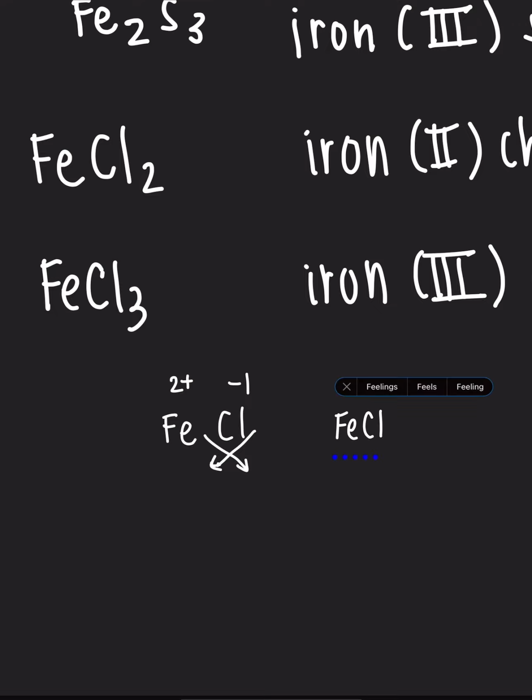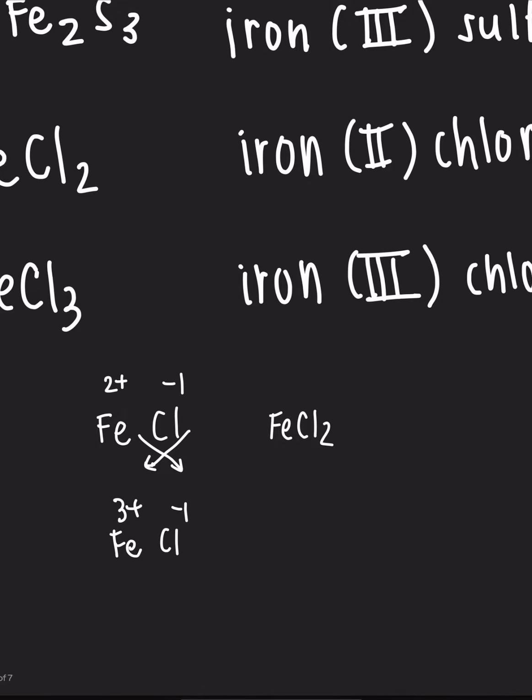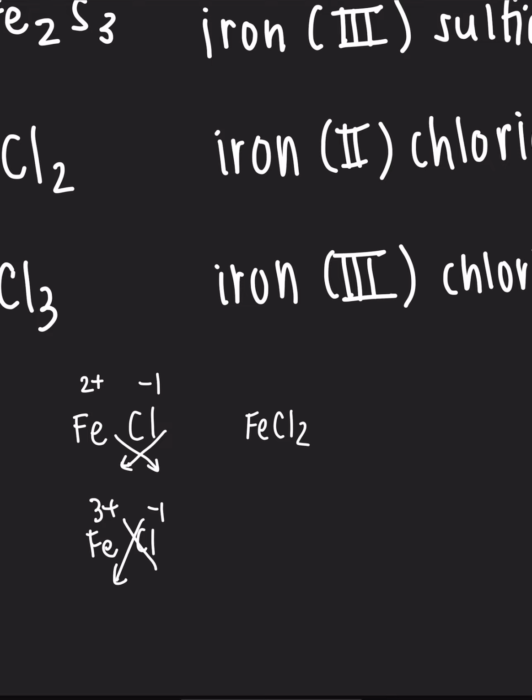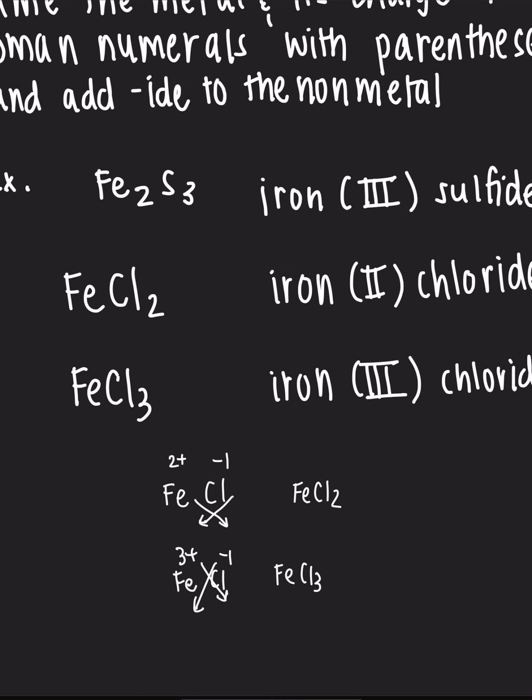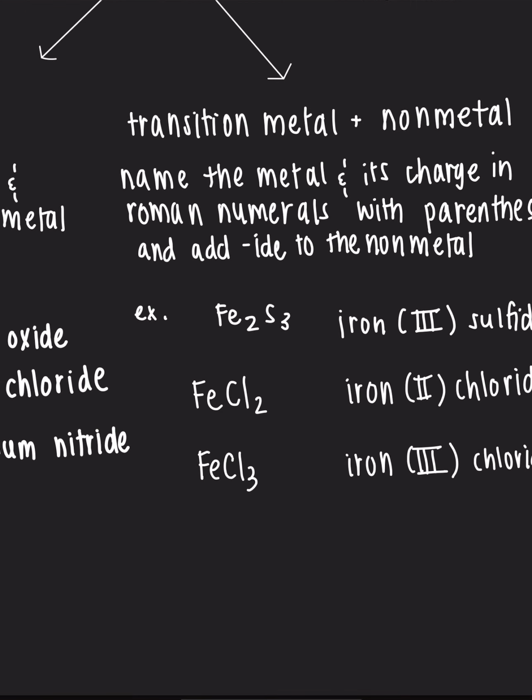Likewise, if this is going to be Fe3+ and Cl-, then again, this is going to crisscross and you're going to have FeCl3. So yes, it does matter because you change the formula, and it doesn't change the element, but it changes the charge, which is why you have to write it, because it's variable, because it's a transition metal. And that is my explanation for that.